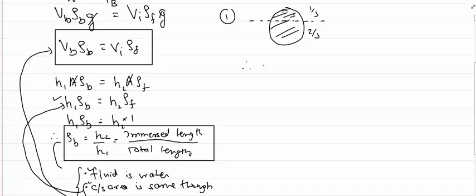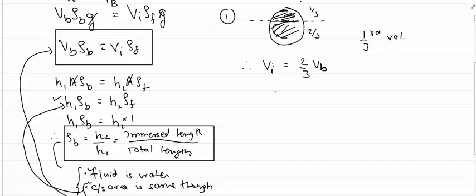Therefore, we can write down that VI is 2/3 of VB. Please note that we were given that 1/3 volume is outside. If 1/3 volume is outside, obviously 2/3 is inside, and that is the immersed volume. Therefore, we get VI is equal to 2 upon 3 VB, which is the total volume of the ball.